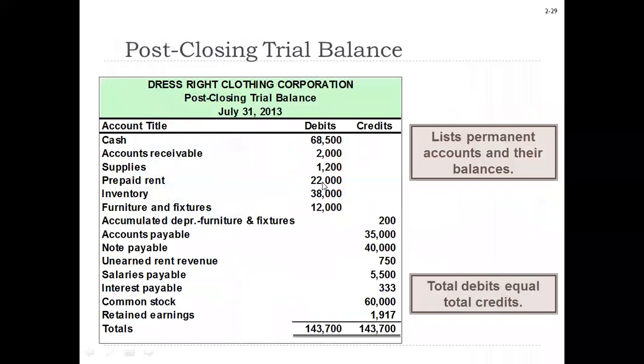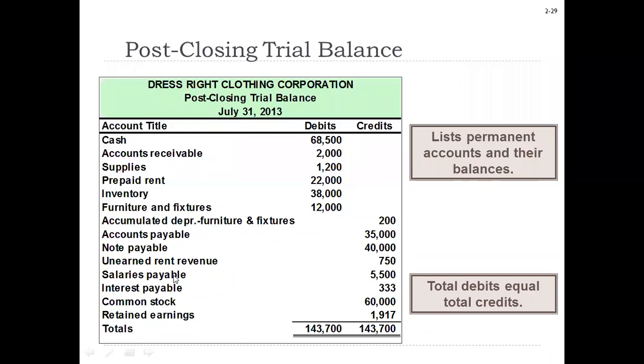After we've done the closing entries, this is the post-closing trial balance. So notice that all the accounts that are on the post-closing trial balance are all balance sheet items. Notice they're all assets, they're all liabilities, or stockholders' equity accounts down here.